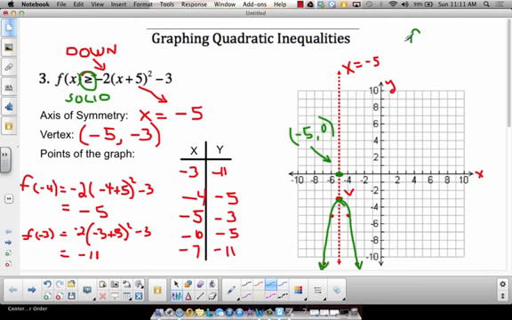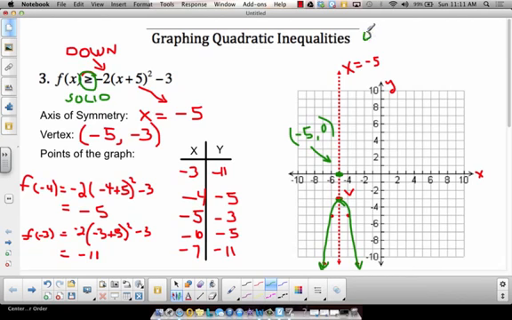So f of -5 is 0. I'm not going to have enough room. Hold on, let's erase that. Back to the drawing board.